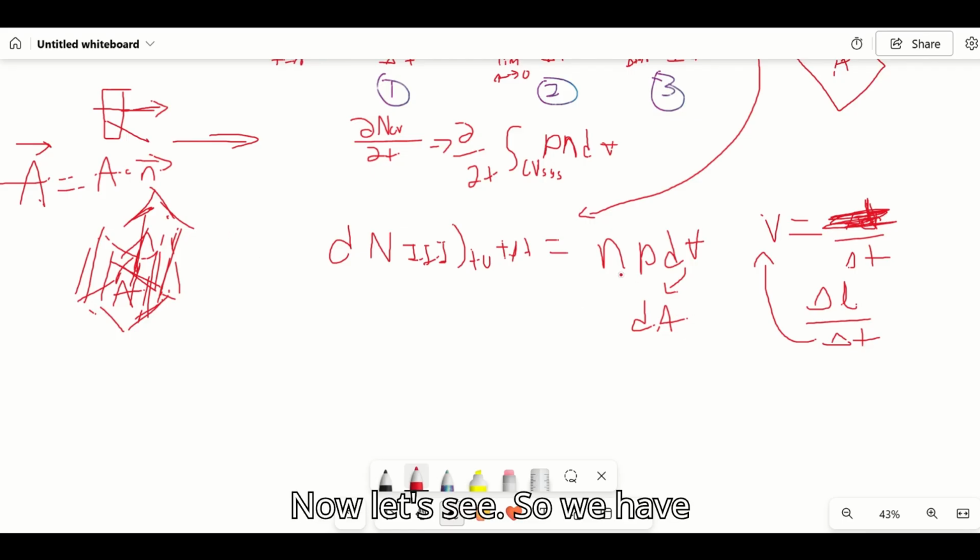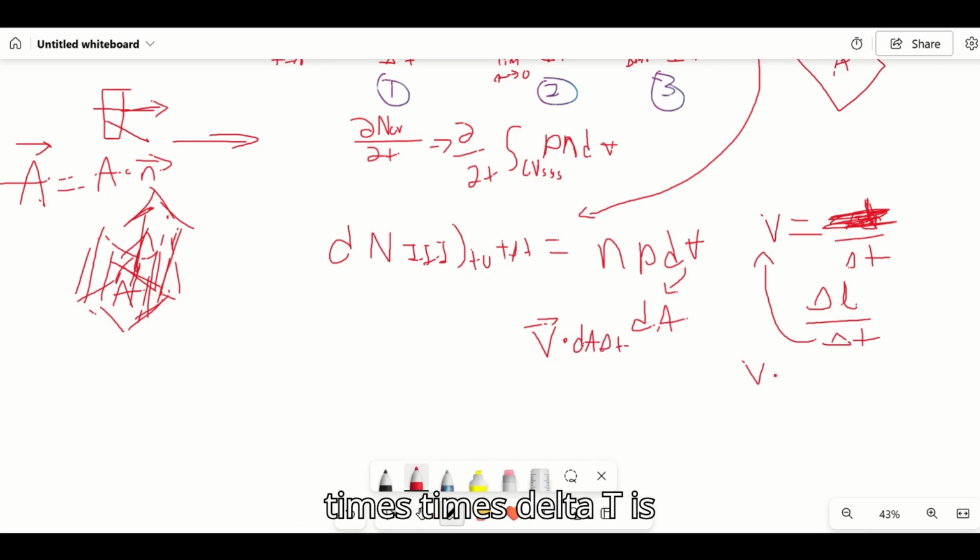Now let's see. We have density, we have area, and now we need to make a dot product. So we have velocity dA delta t. Remember that v times delta t is equal to this.